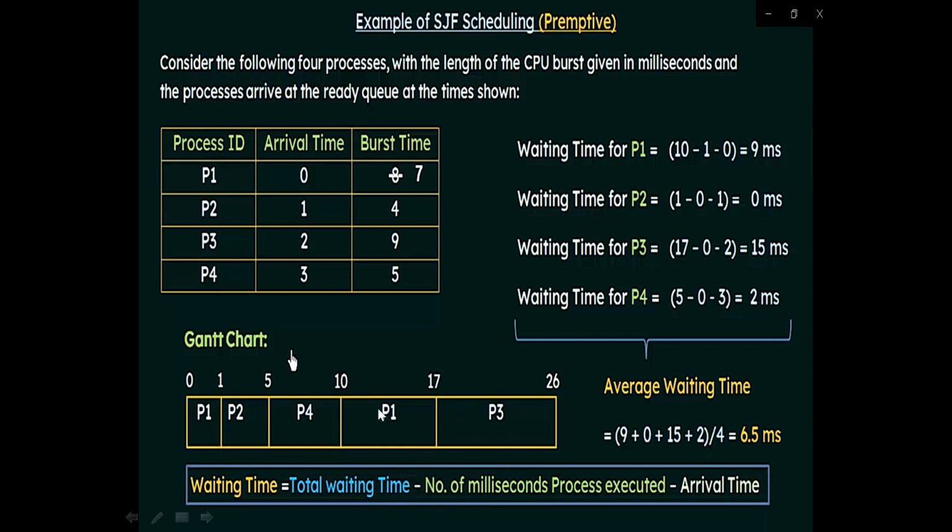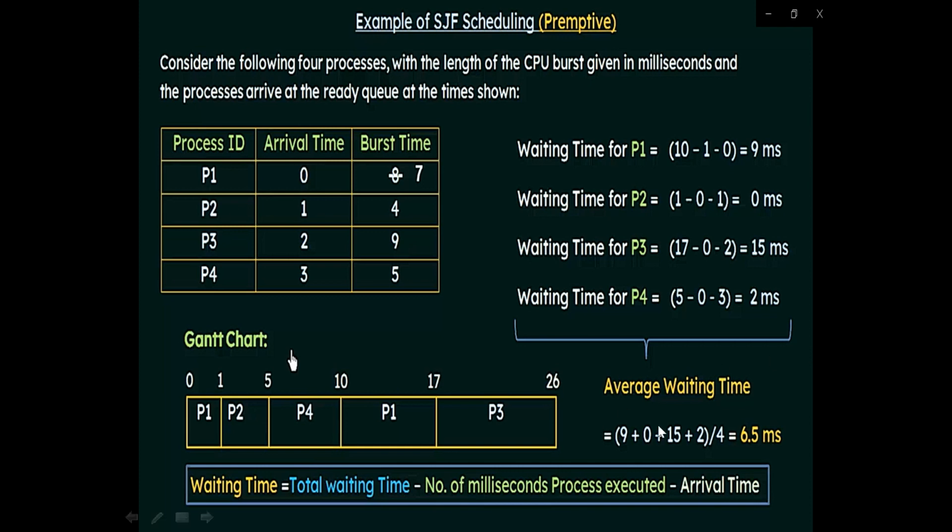P3 is not executed before, so execution starts only after 17, and this term becomes 0. The arrival time of P3 is 2, so the waiting time for P3 is 17 minus 0 minus 2, which is 15 milliseconds. Similarly, for P4, it is 5 minus 0 minus 3, which is equal to 2 milliseconds.